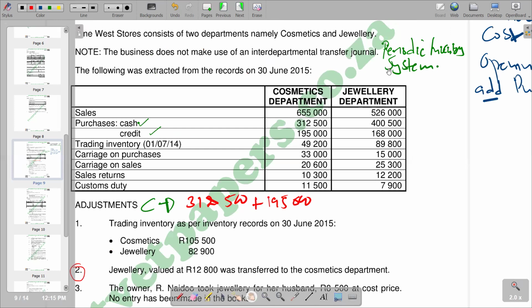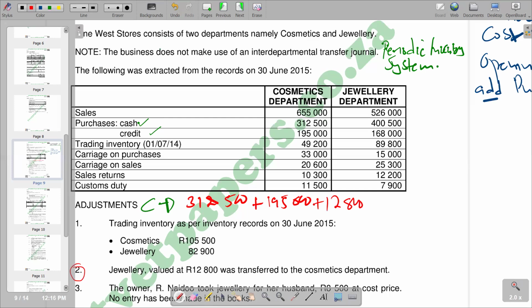So you know that in the periodic inventory system, movements of inventory or stock are not recorded in the inventory account, but we record the movement of those inventories in the purchases account. So the movement of jewelry valued at 12,800 being transferred to the cosmetics department is going to be affected in the purchases account. So we are going to include it here. So it's coming to the cosmetics, so it means it's in addition to the cosmetics, and in the jewelry department, we want to subtract it.